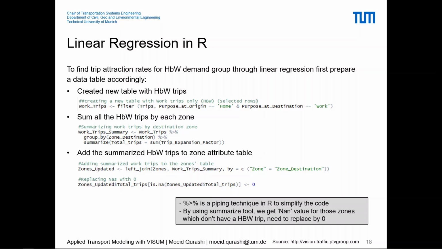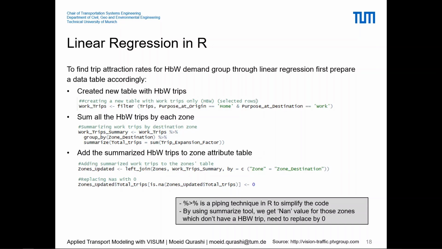Understood? So a summary table will be all the 24 zones with the number in front of it, the number of work trips that had this zone as the destination. So the number of work trips attracted.